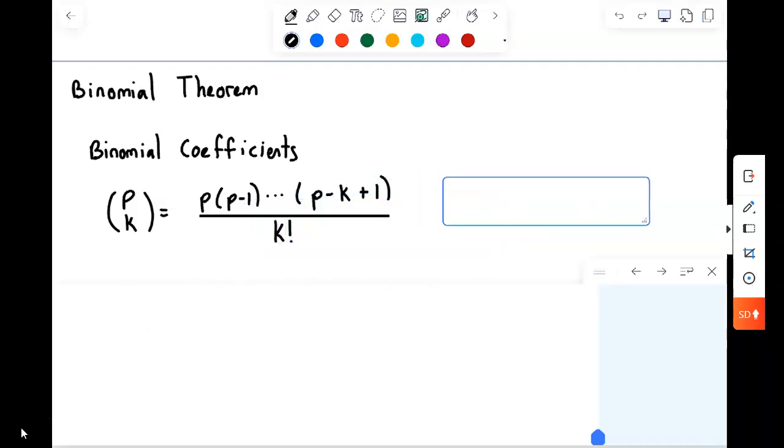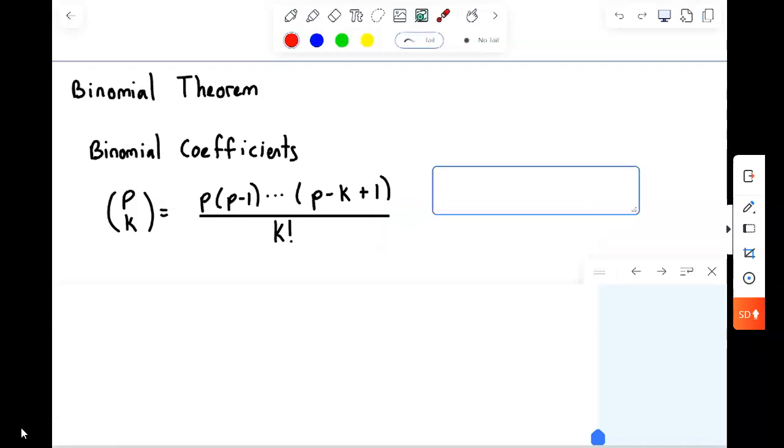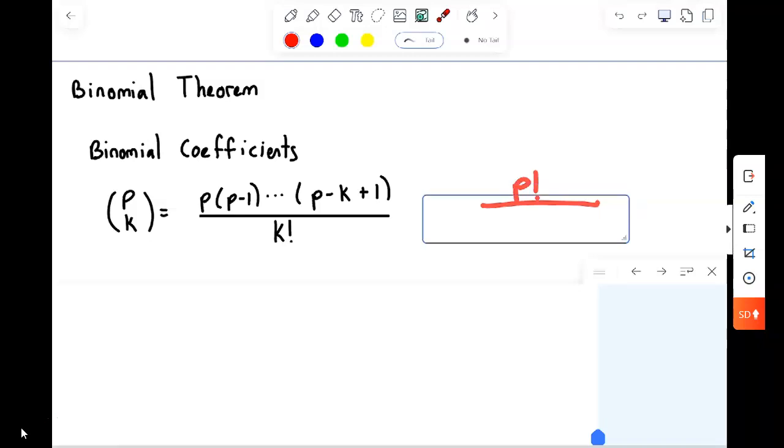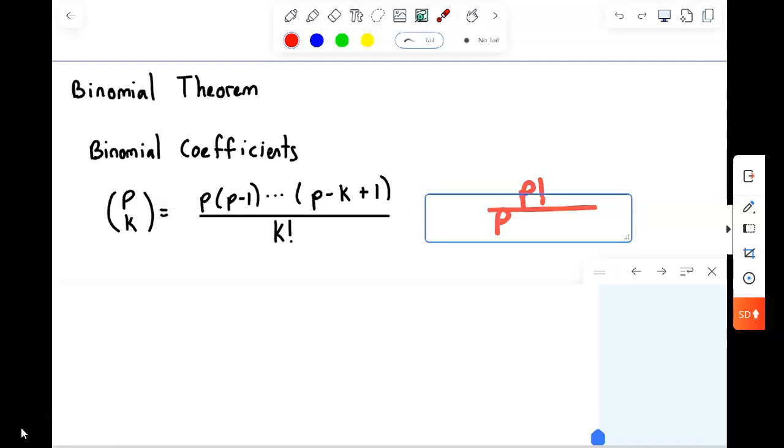Another way to do this that's common, but we're choosing this version for several reasons, is to do p factorial over p minus k factorial times k factorial. The part we have here is the result of taking p factorial divided by p minus k factorial.